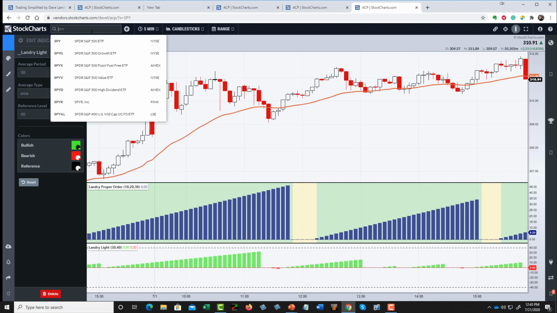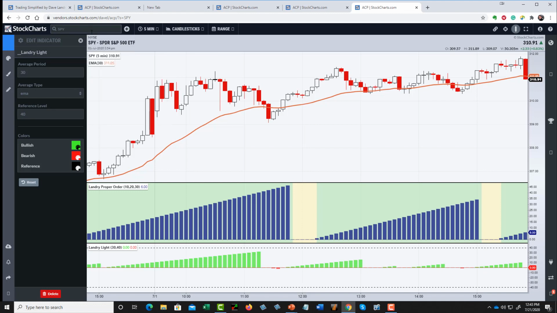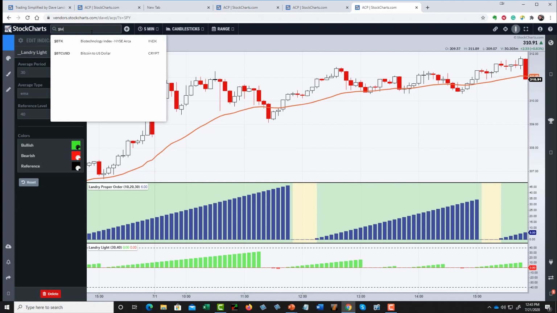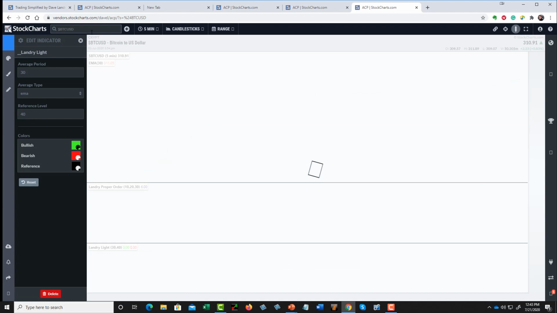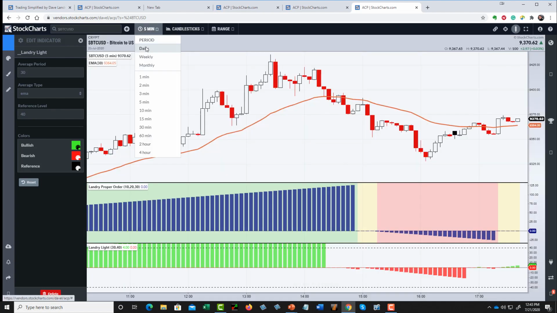Now, keep in mind that, as I said earlier, everything works better with trend, but let's say you want to trade Bitcoin, which I do trade on occasion. And let's take a look at a daily bar chart here.